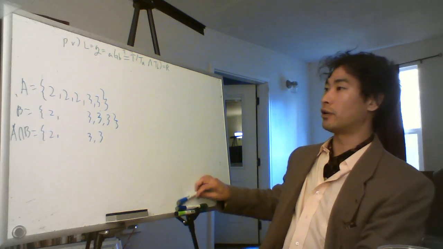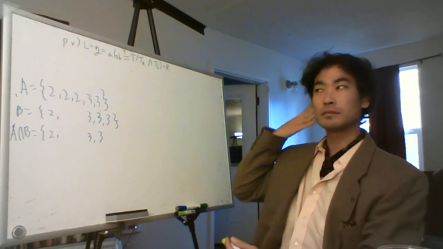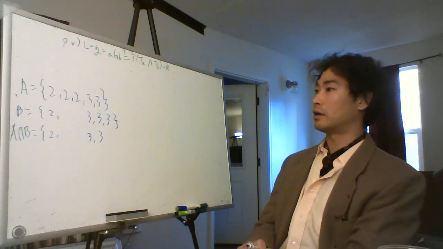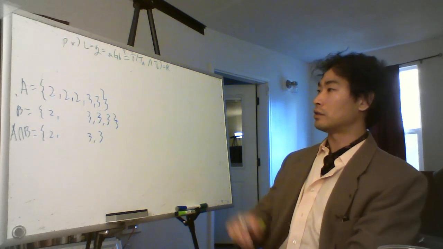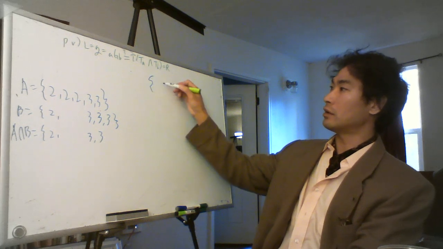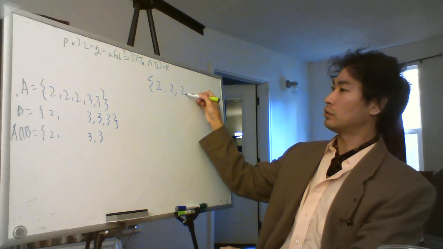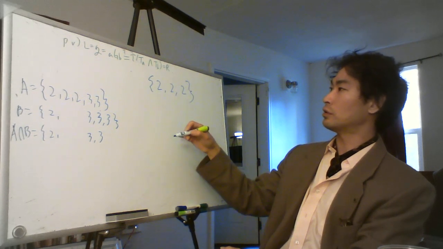So multi-set, all right? So the set of twos, let's say there is a set of three twos.